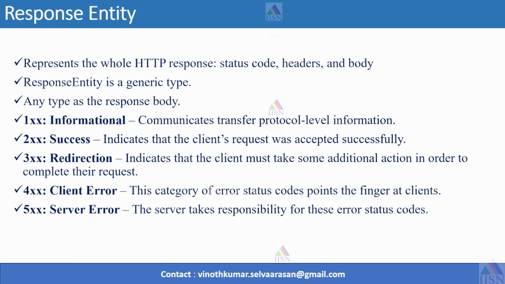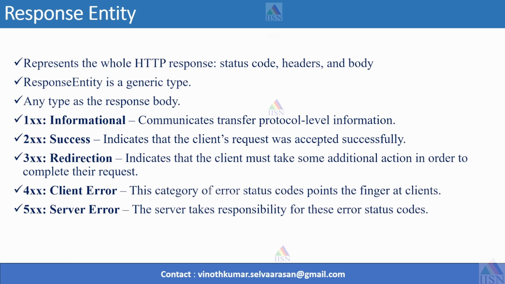Here you see we are using Postman to send the request from our side to the server. The server is going to return the response for our request. It generally contains three things: status code, header, and body. The status code indicates the status of our request, whether it is accepted, created, or a bad request or unauthorized request has happened.